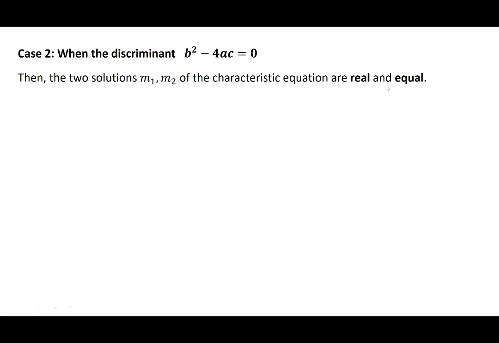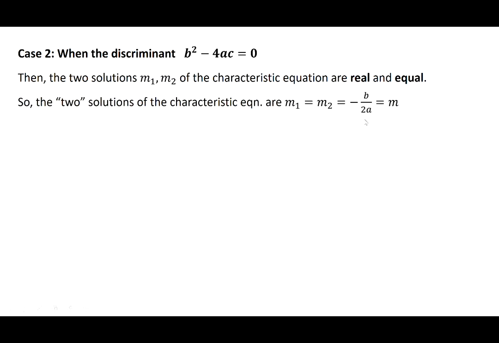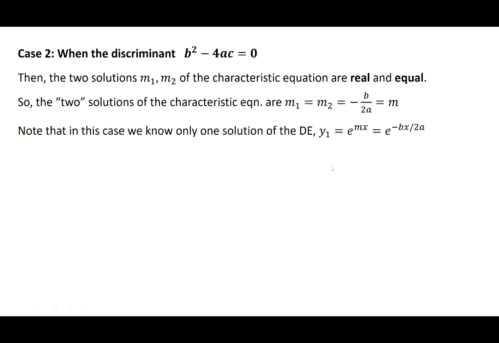Both would be negative b over 2a: m1 equals negative b over 2a, and m2 is also negative b over 2a. So that is a problem. We have only one solution, e to the negative bx over 2a. We don't have a second linearly independent solution.